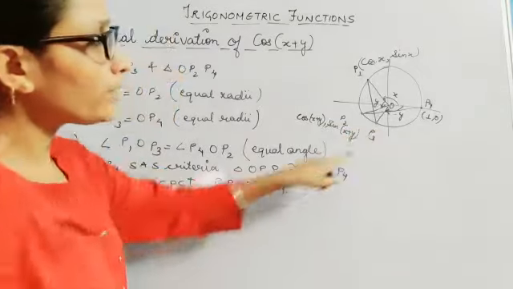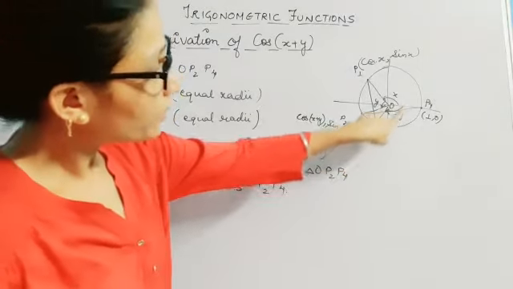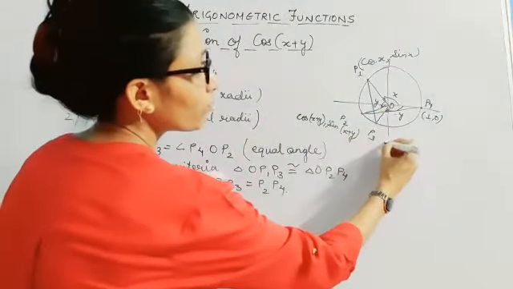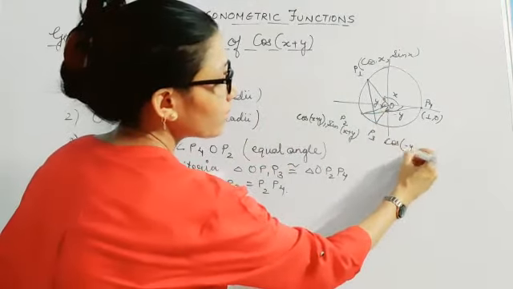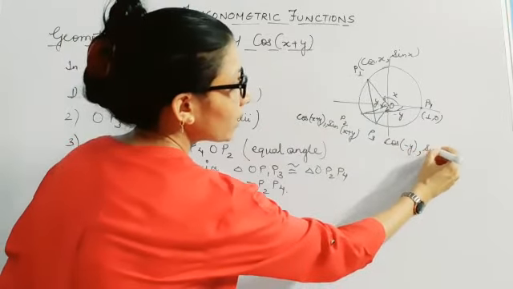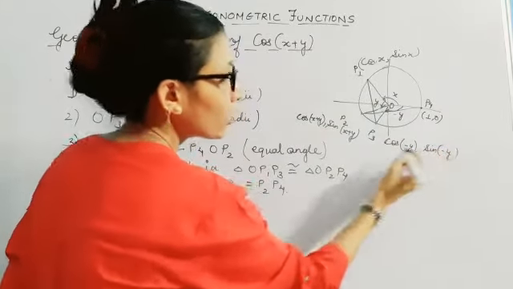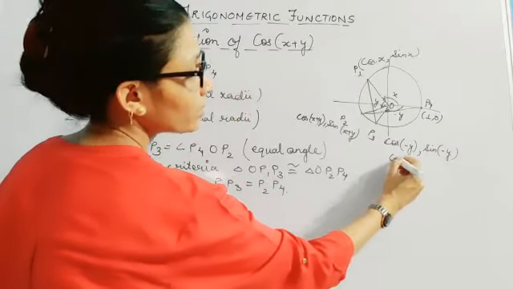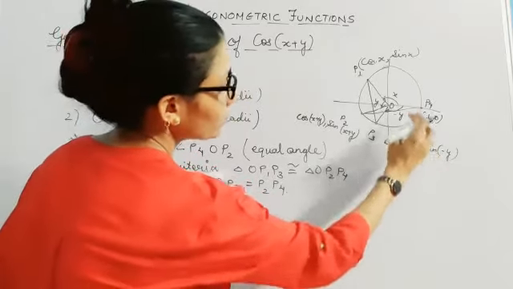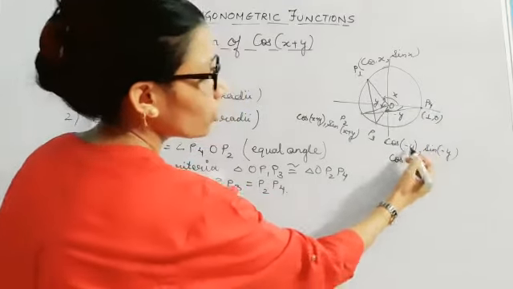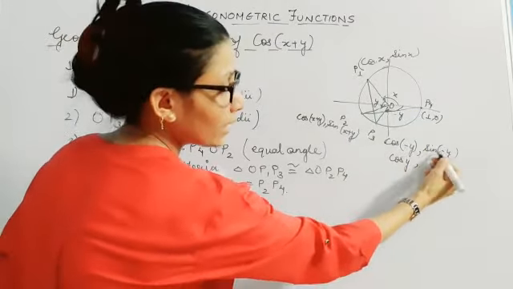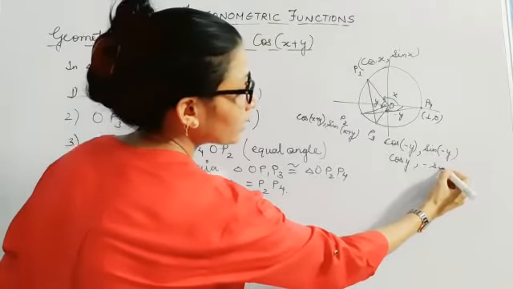What about P3? The coordinate of P3 will be, I will be taking it in the anti-clockwise direction, cos(-Y), sin(-Y). Now you know that cos(-θ) is just cos θ. So cos(-Y) will be just cos Y, and sin(-θ) will be minus sin Y.